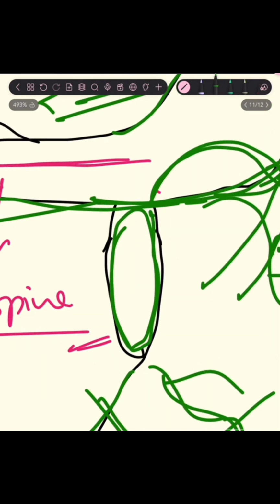From this we have the glenoid cavity. Above the glenoid cavity will be the supraglenoid tubercle we call, and below the glenoid cavity we have the infraglenoid tubercle.